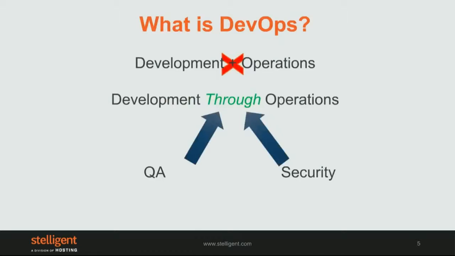So I mentioned just a minute ago a DevOps culture, and we really need to dive into that because that's fairly critical to what we're doing here and how it operates. A lot of people look at DevOps and say, oh, that's development plus operations. That's really not true.